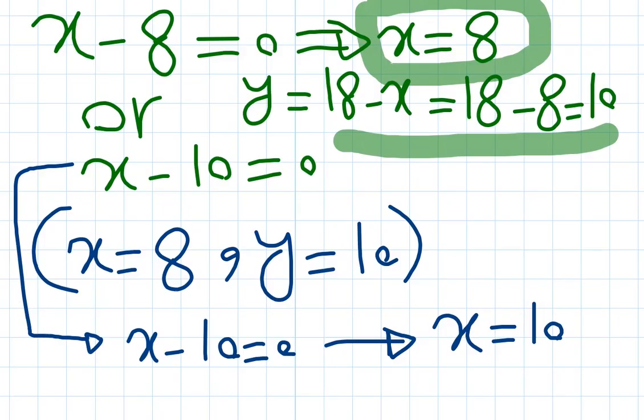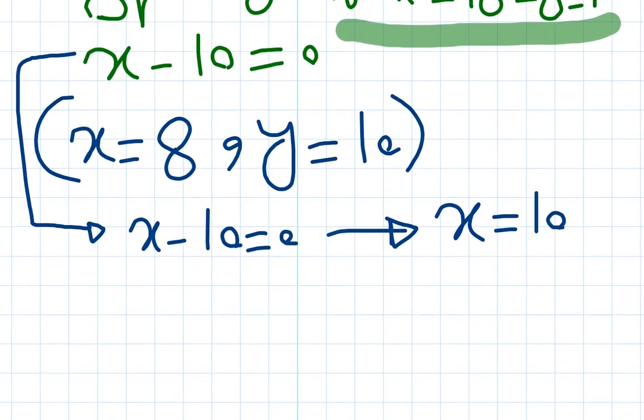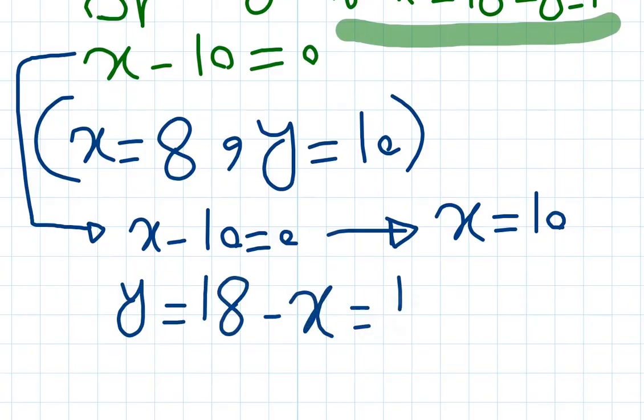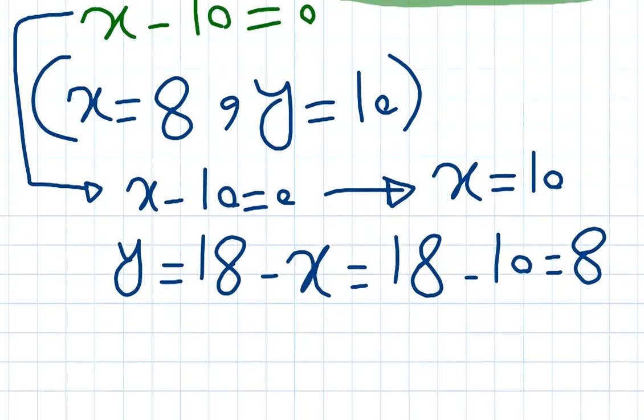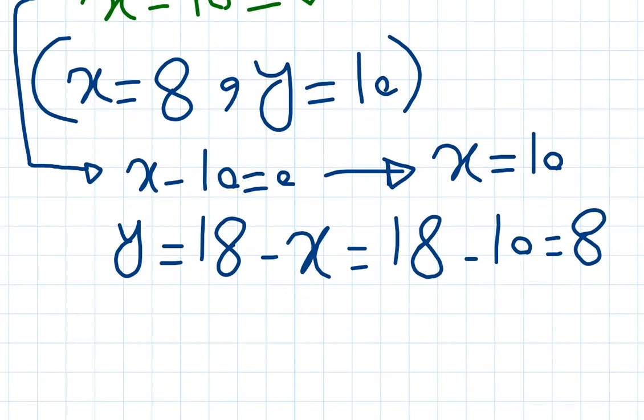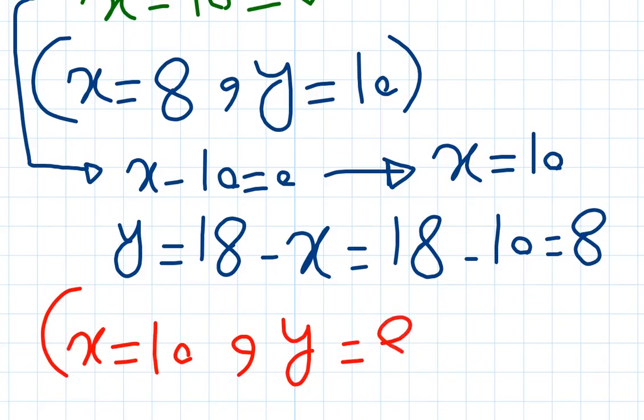Well, again, I can calculate y. To find y, if we remember, we said 18 minus x, so I subtract 18 minus 10, and this expression becomes 8. So I have another set of answers here, which tells me that x equals 10 and y equals 8.